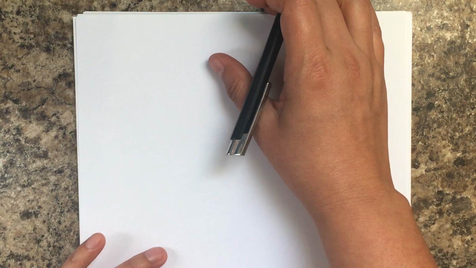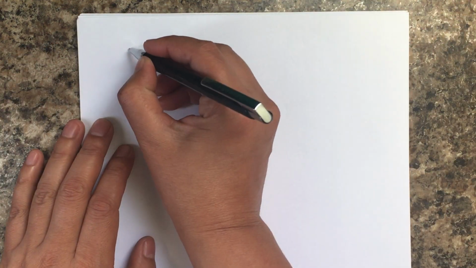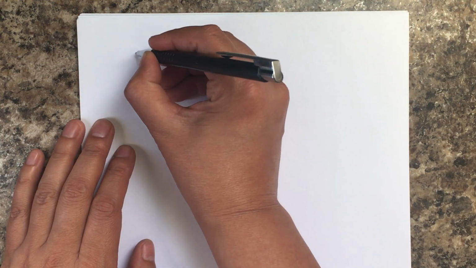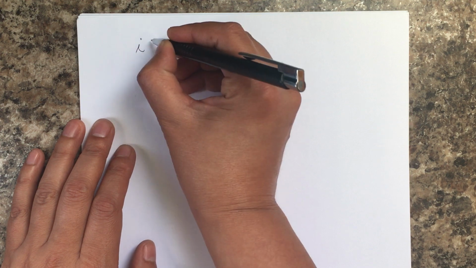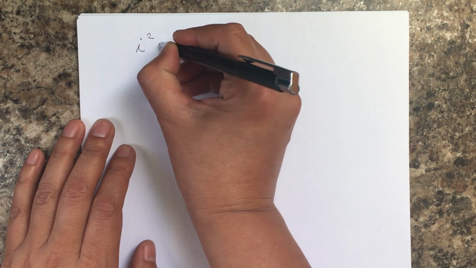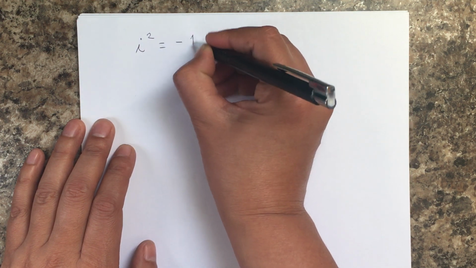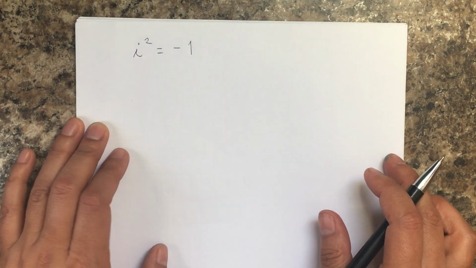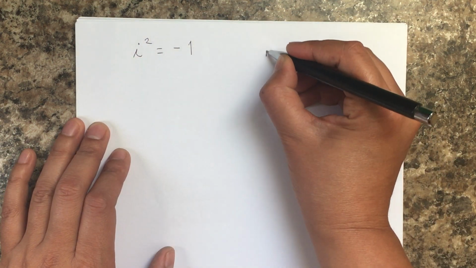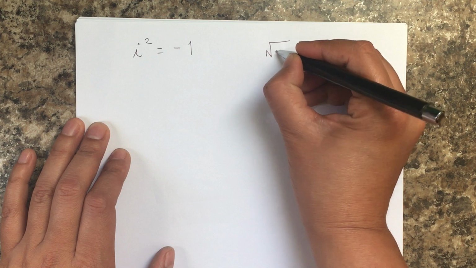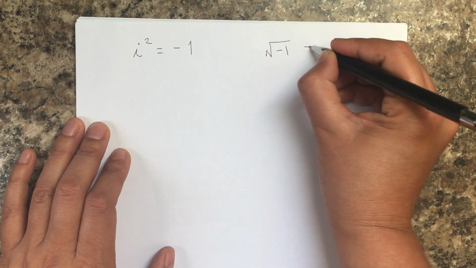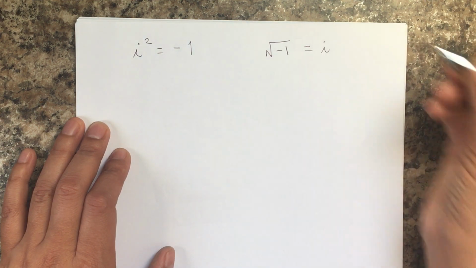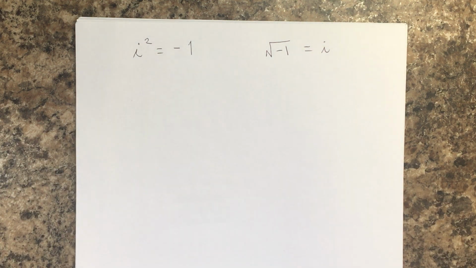But before we start, if you recall from the previous lesson in this unit, i squared is equal to -1. And why is that? Well, we learned and we already simplified that the square root of -1 is equal to i. We already practiced that.